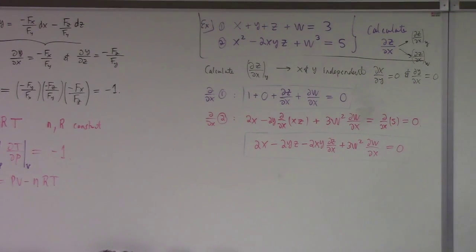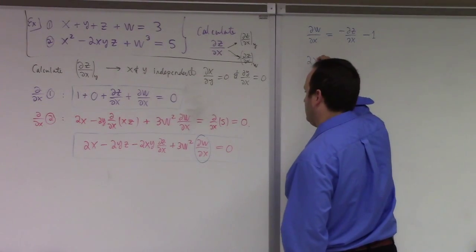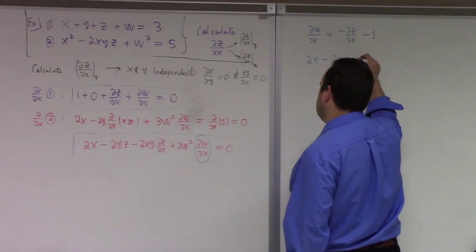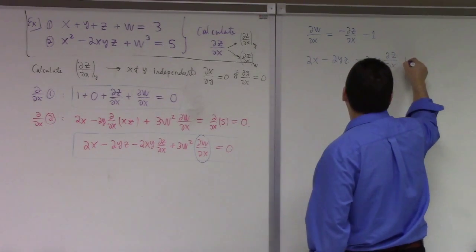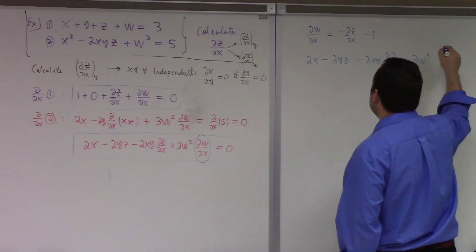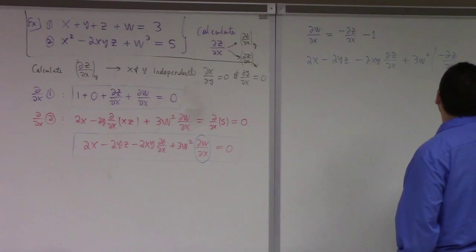We want to solve for partial z partial x. So partial w partial x is equal to minus partial z partial x minus 1, and then plug that into here. So I get 2x minus 2yz minus 2xy partial z partial x plus 3w squared times minus partial z partial x minus 1, all of that equal to 0.